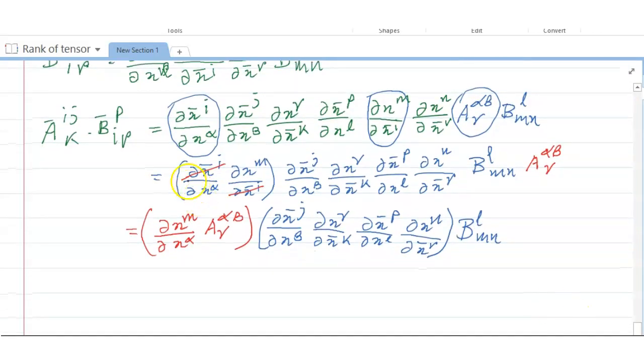Now friends, you can see this step: alpha and alpha. This is a dummy index.